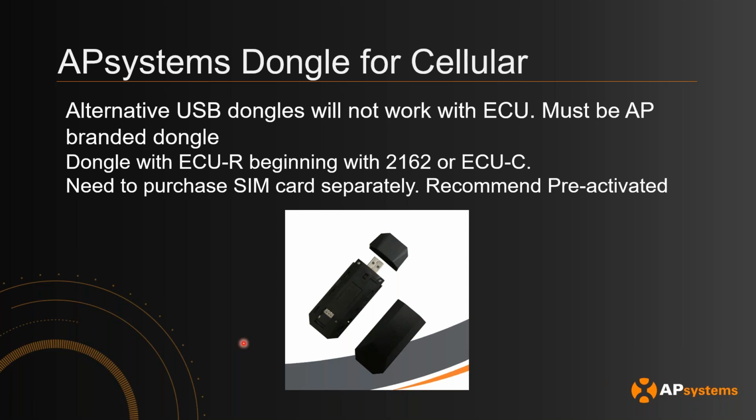I don't know what options are in Canada, but in the United States, there's a company called One NCE where you can purchase a pre-activated SIM card, and it's pretty affordable with regards to the data that you can use. If you plug that into the dongle, and then plug the dongle into the ECU, that will allow you to have a cellular connection. This might be the preferable option if you don't want to piggyback off of the Wi-Fi network of your customer.